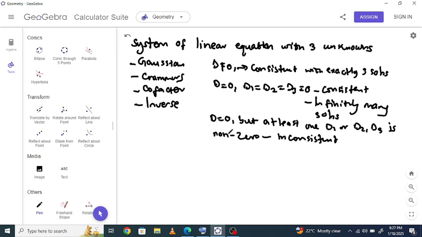linear equations. But one thing we need to note is that if D, which is a determinant, is not equal to 0, then the system is consistent and has exactly one solution.